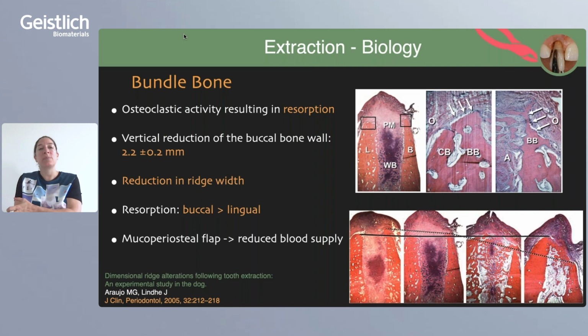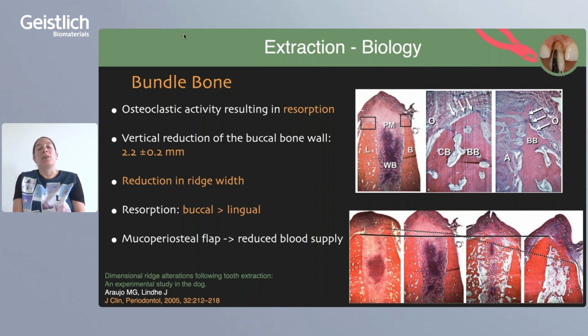So we do have to expect some resorption, and there's going to be more resorption at the buccal aspect compared to the oral or the palatal aspect. We do have to expect some vertical, but also some horizontal resorption. This will then result in a reduction in ridge width, which has to be taken into account when later on planning a substitution of the tooth, of the single or the multiple site.